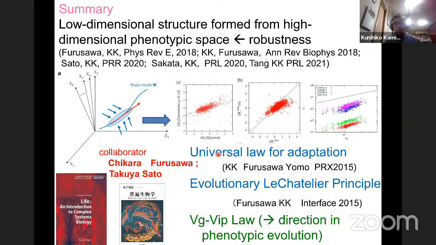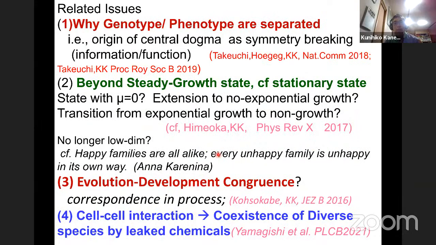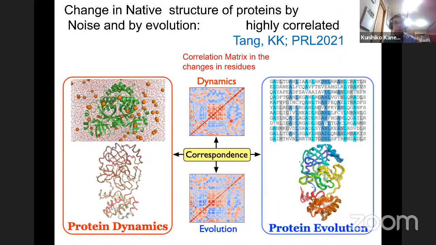Yeah, but one maybe interesting point is that, for example, this is protein evolution data. In some sense, if some protein structure is highly changeable by noise, so if it's flexible, then the evolutionary change of this protein structure by mutation at each site is also larger.